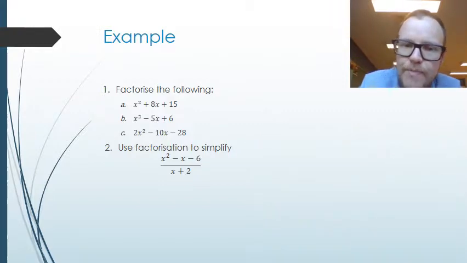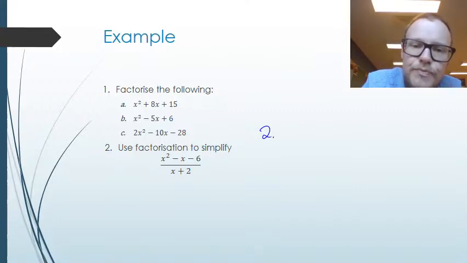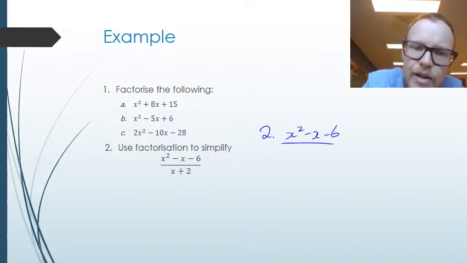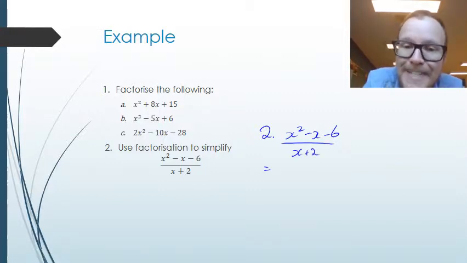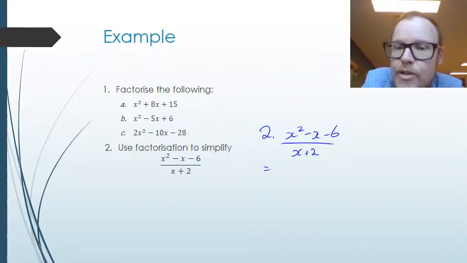Last question here, we're being asked to factorise and then simplify. So we've got here x squared minus x minus 6 over x plus 2. I need two numbers that multiply to give negative 6 and add to give negative 1.